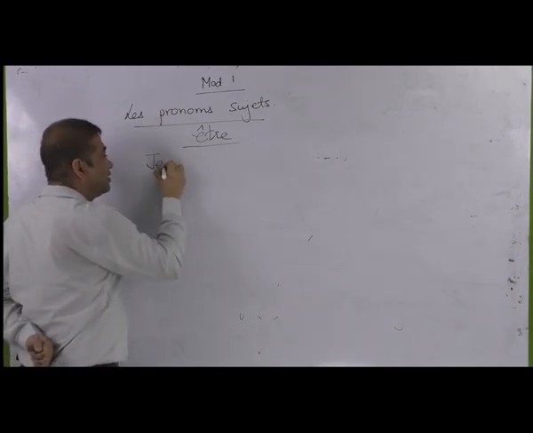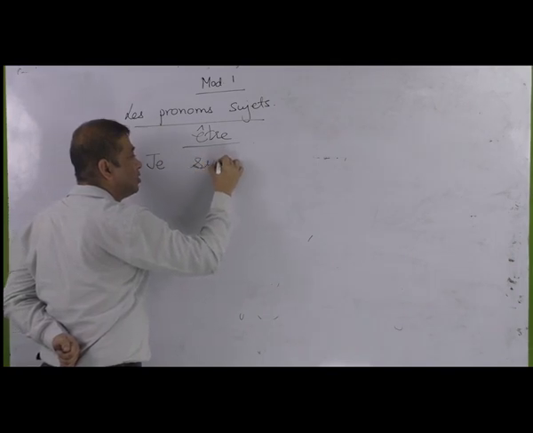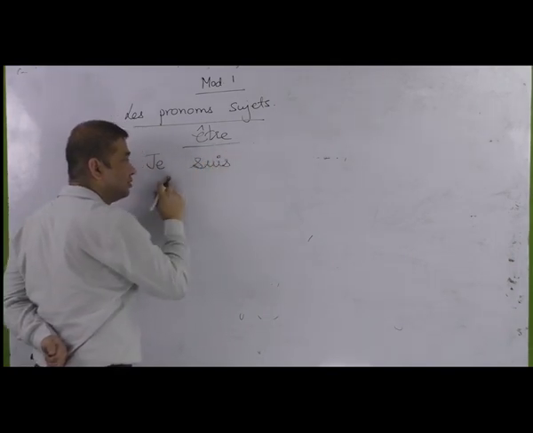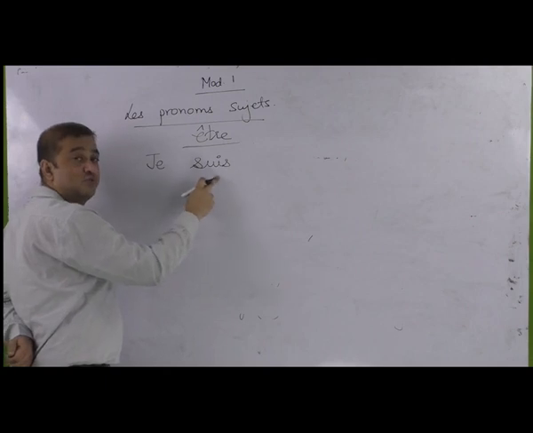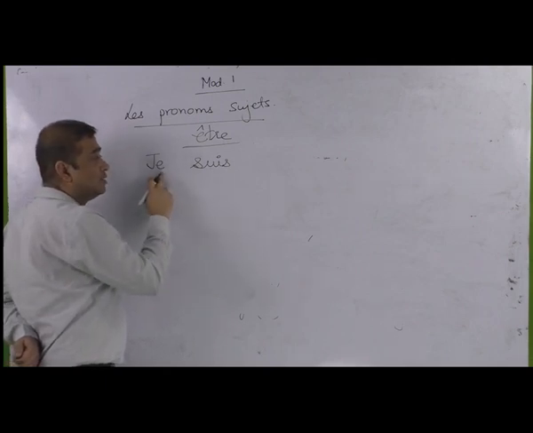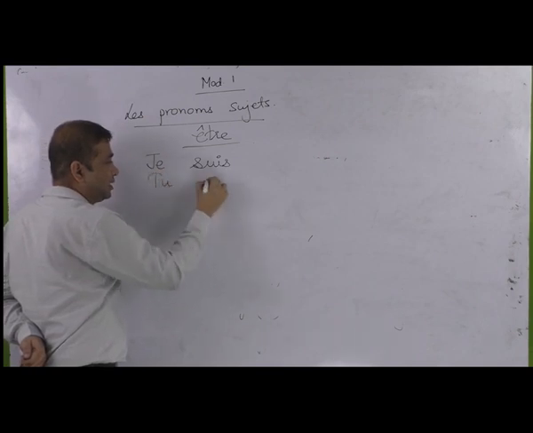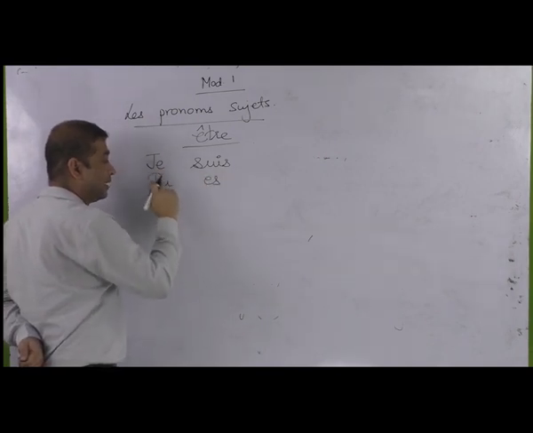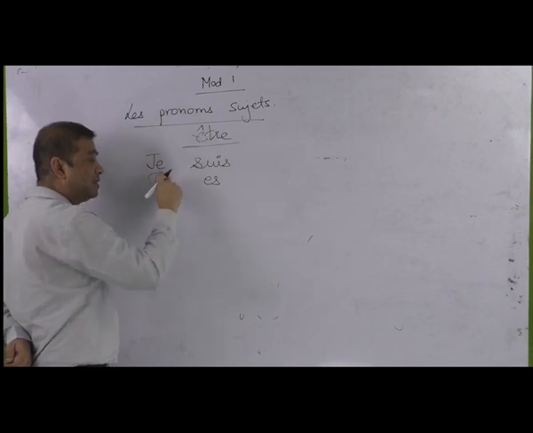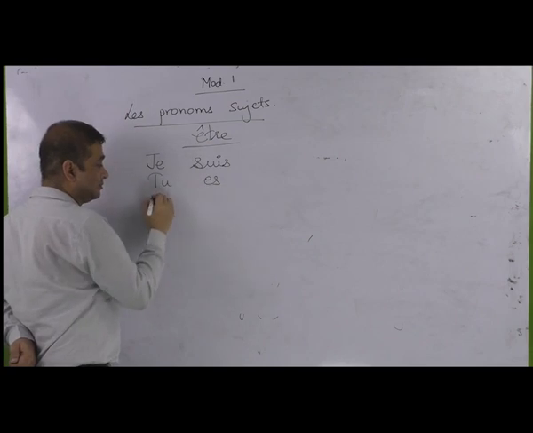So here, if I conjugate this verb with je, it is je suis. I repeat, je suis. With tu, it is tu es. I'm again conjugating this verb only with tu, so I'm getting the conjugation tu es.